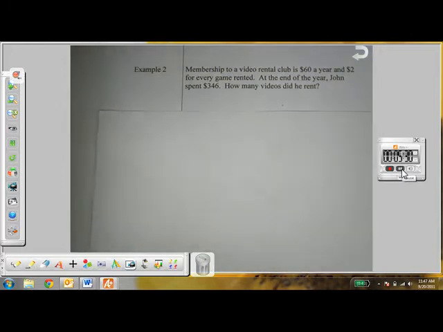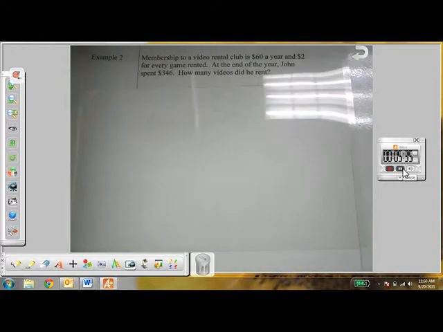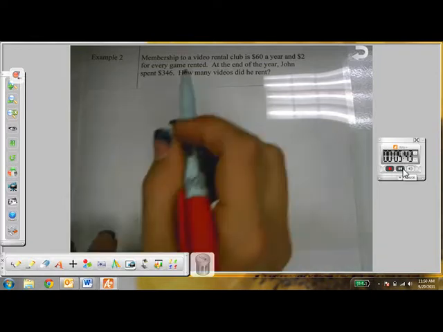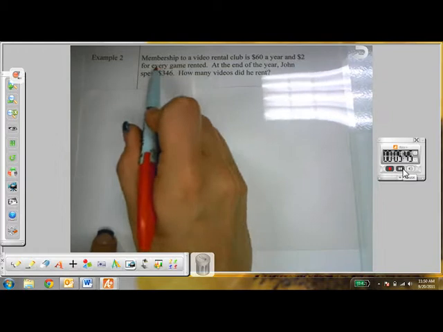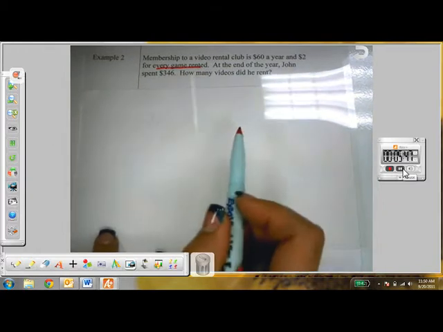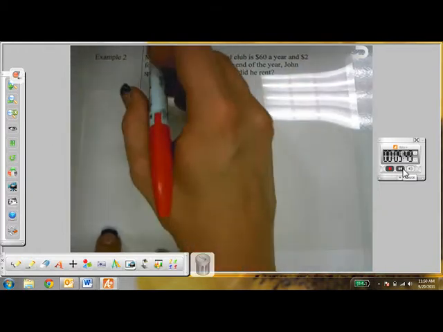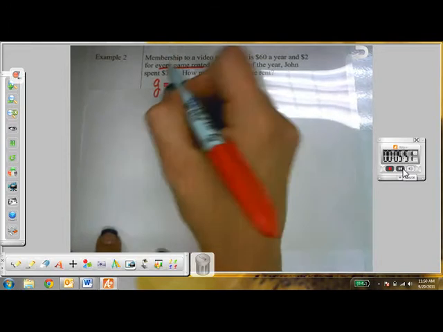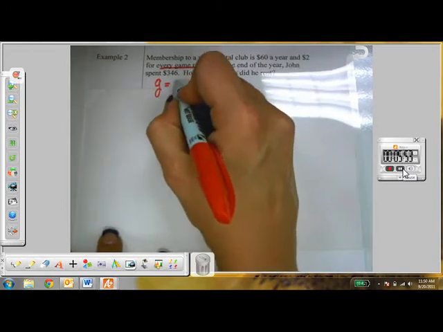Get that written down first. So what is our variable this time? What is it that keeps changing? The number of games rented. So I'm going to let G equal games rented.